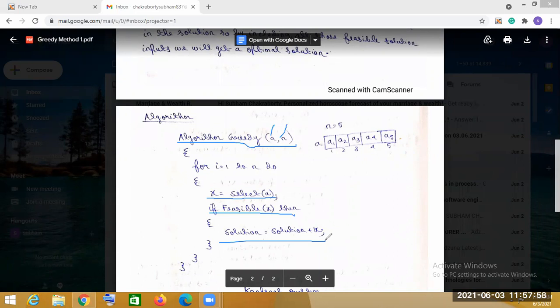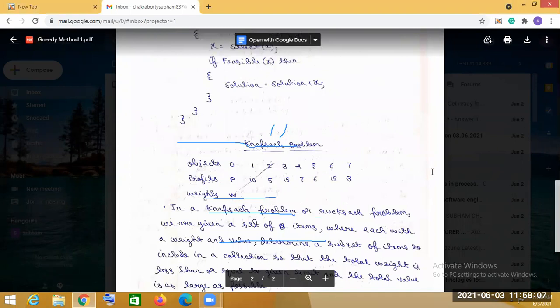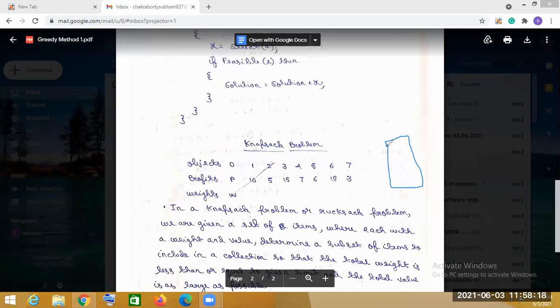Giving the definition of the knapsack problem, we can say it is also a rucksack problem, where there may be a bag present. In the knapsack problem, or the rucksack problem, we are given a set of items, where each item has some weight and some profit.